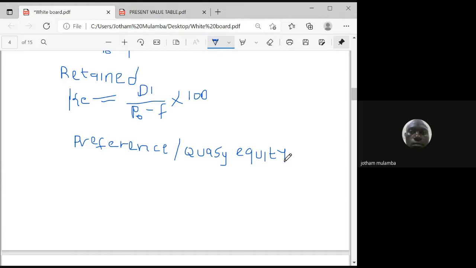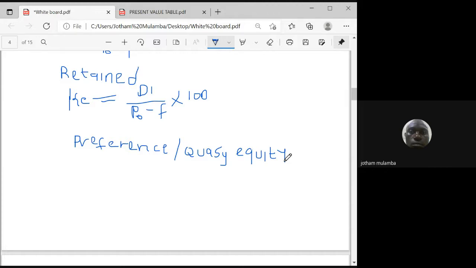They don't participate fully as ordinary shareholders in a company. So this category of shareholders has some characteristics of shares, and also some characteristics of loan or debt. The characteristics of shares that they have are why they are called preference shares.